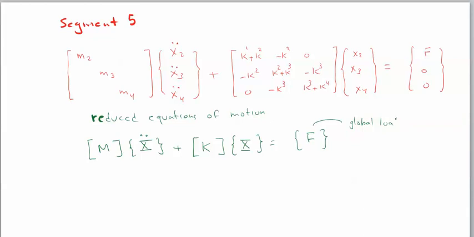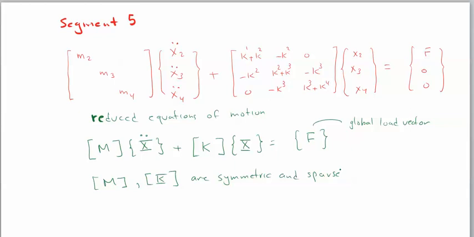This is the global load vector. I already mentioned that the mass matrix is symmetric. Both M and K, mass and stiffness matrix, are symmetric and sparse.